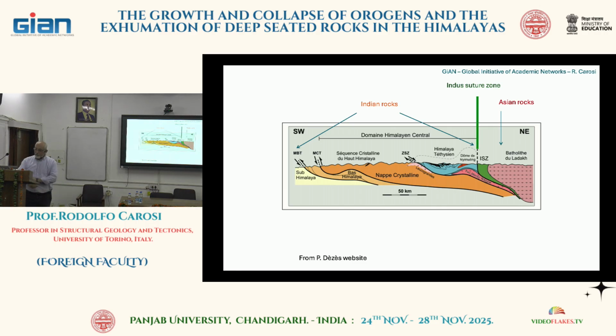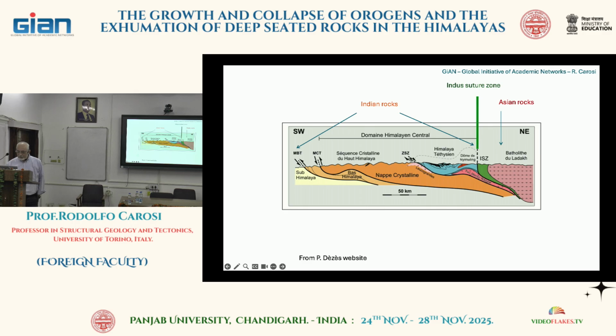This is a nice picture from a Swiss geologist in the 90s, who made a nice PhD thesis in Zanskar. In this cross section, you can see the suture, the batholith of Ladakh, the Tethyan Himalayan sequence, and there is also here the Tso Morari nappe with eclogites intruded in the Puga gneisses, and the nappe crystalline is a Greater Himalayan sequence.